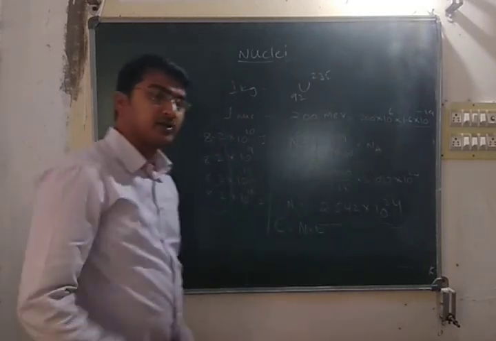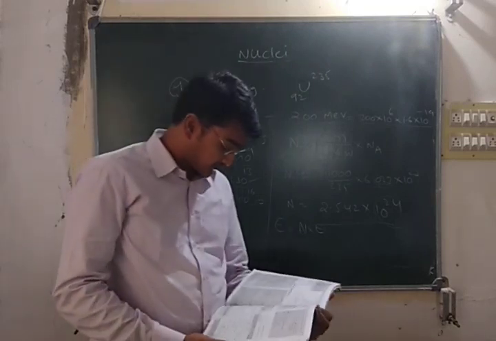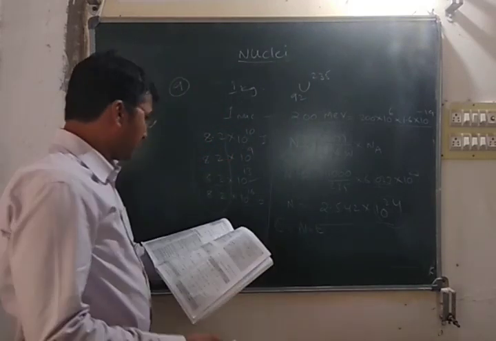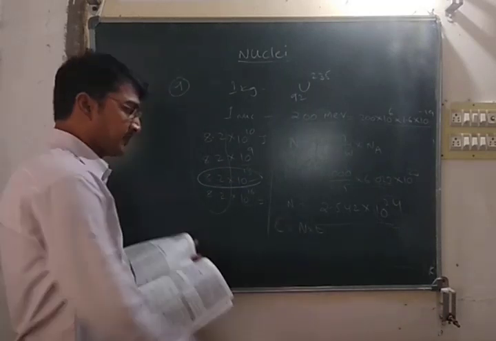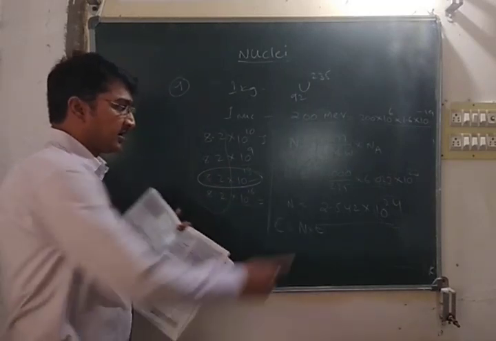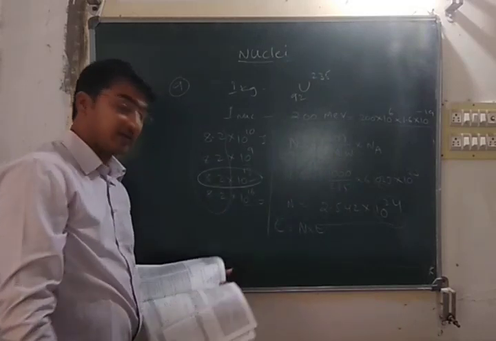So you can make the powers first in this manner. Answer: by substituting this n value and e value, you will get 8.2 into 10 to the power of 13.